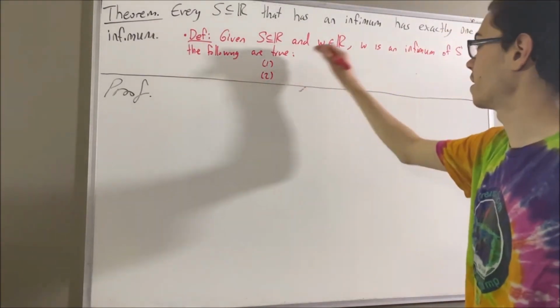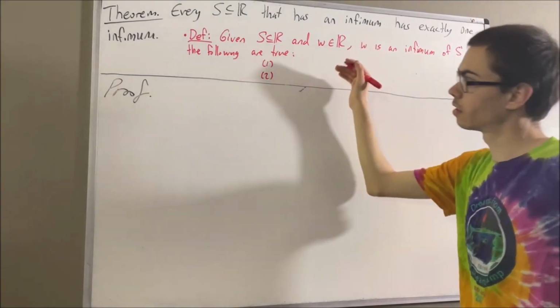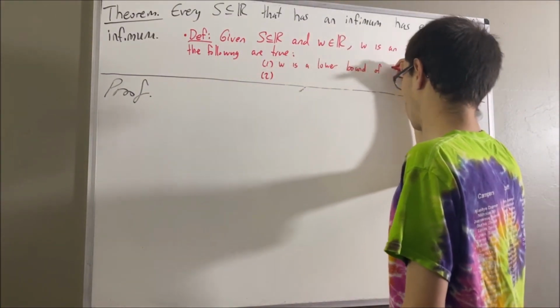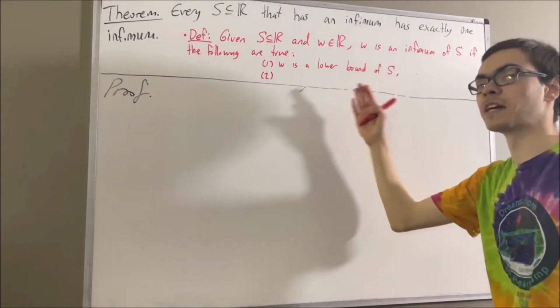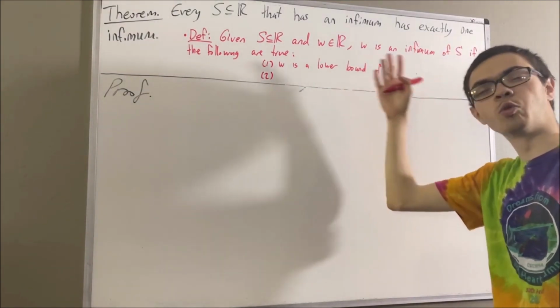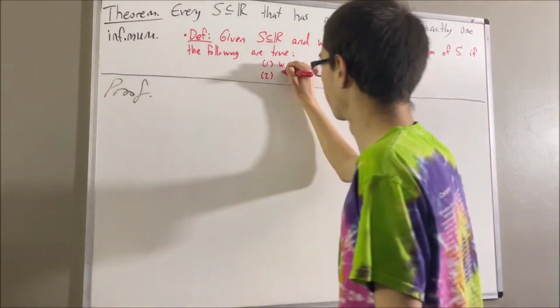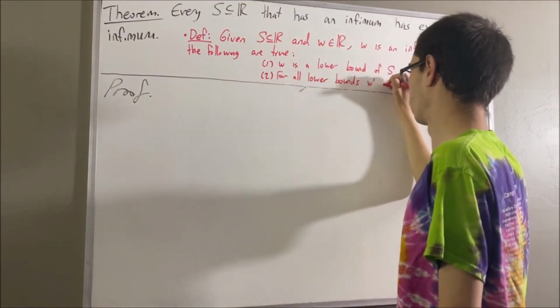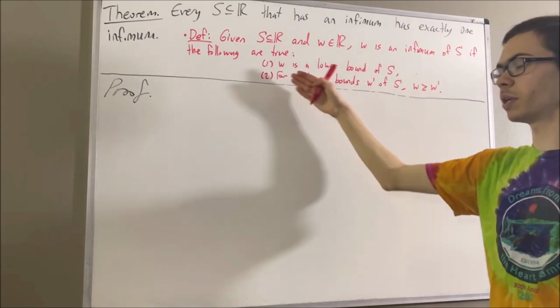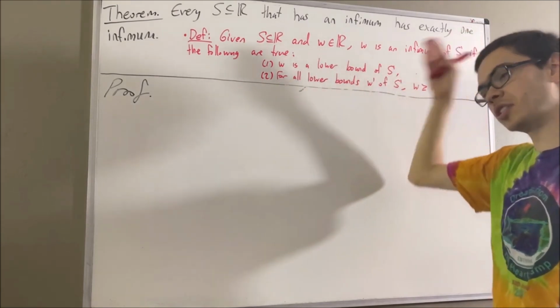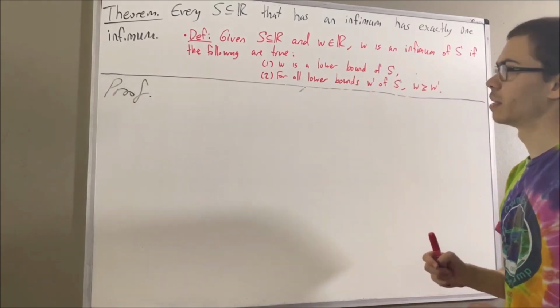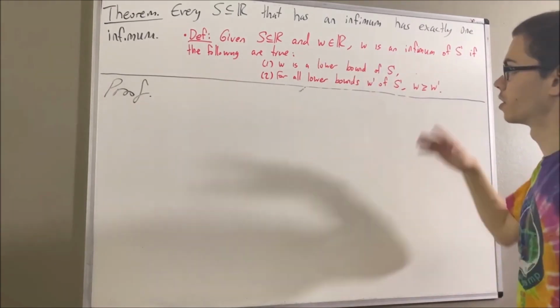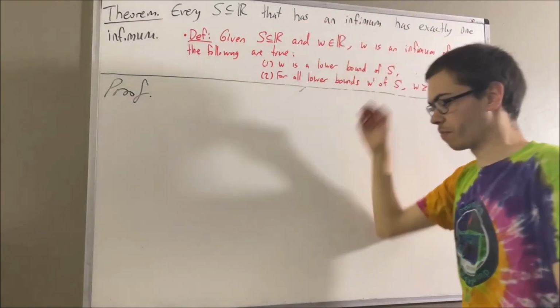The first is that W is a lower bound of S. And the second is that for every lower bound W prime of S, W is greater than or equal to W prime. Right, so we can think of this as though it's saying W is the greatest lower bound of S. And that's the idea. So now, let's prove the theorem.